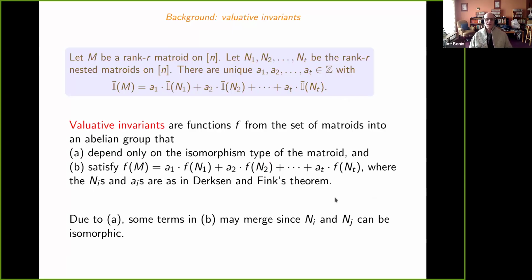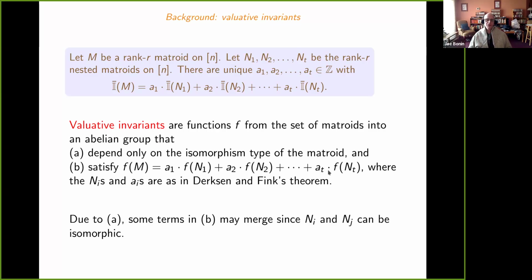Now, valuative invariants. So what are valuative invariants? Well, they're matroid invariants, so they depend just on the isomorphism type of the matroid. And they have this nice property that when you look at how the indicator function of M is expressed in terms of the indicator functions of nested matroids, the invariant satisfies exactly the same relation.